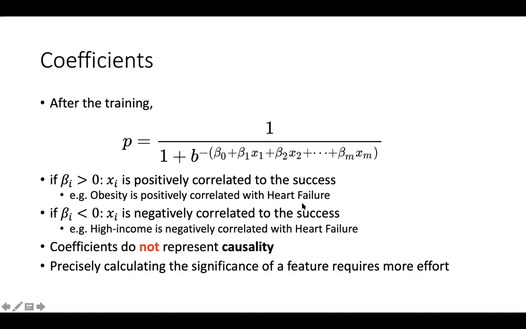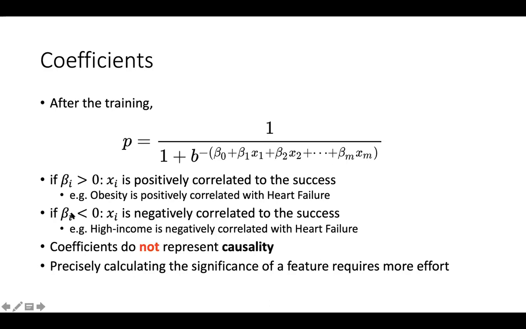Let's assume that the outcome is heart failure prediction. So we're trying to predict heart failure with logistic regression, and the obesity's corresponding beta was positive, which means that a patient who is obese has more likelihood of being classified into the heart failure label.